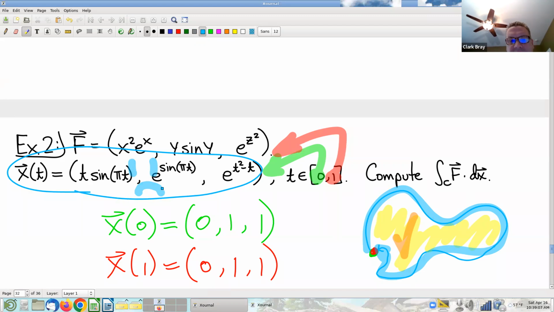So neither one of these approaches is looking all that great. We're about to have a super happy ending here, but neither one of the approaches is looking good. Stokes's approach is not looking good because the surface is going to be brutal to find. The fundamental theorem of line integrals approach is not looking good because the anti-gradient is going to be hard to find.